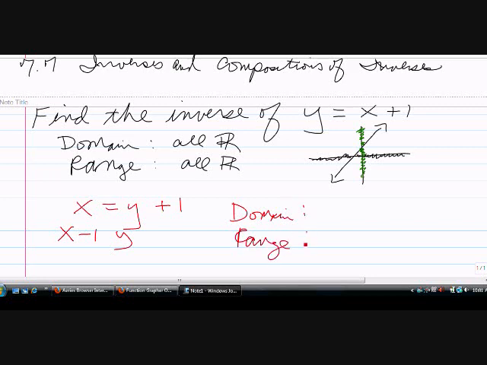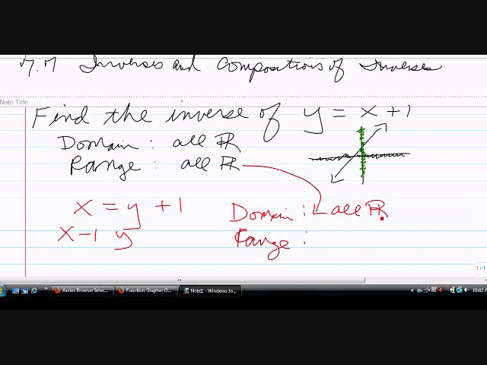Well, one nice thing about inverses is because they are inverses and I'm switching the x and y's, I also get to switch the x and y's for the domain and range. So if the range was all real numbers in my original equation, the domain is all real numbers.